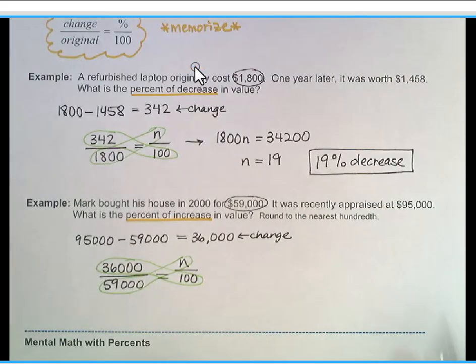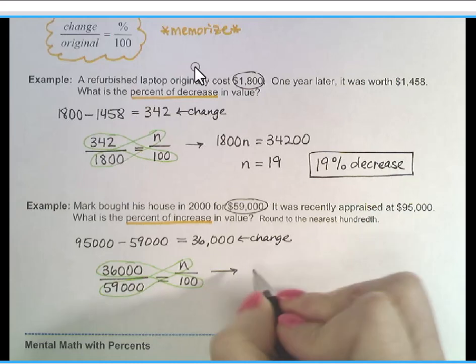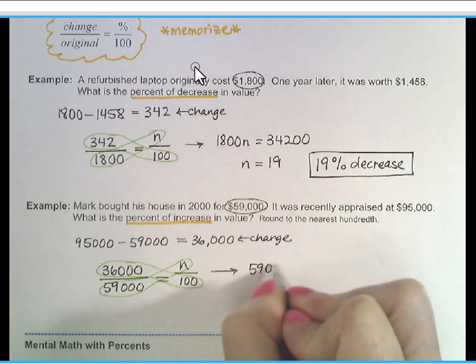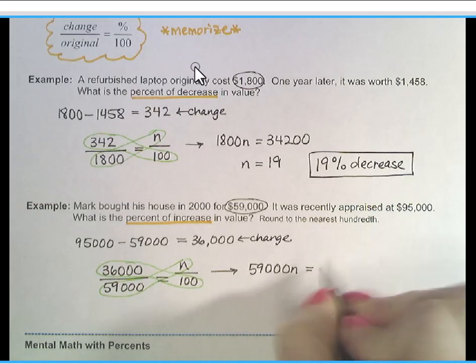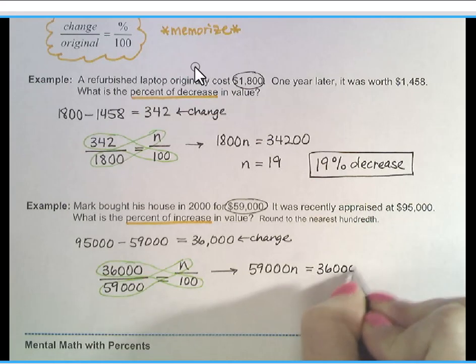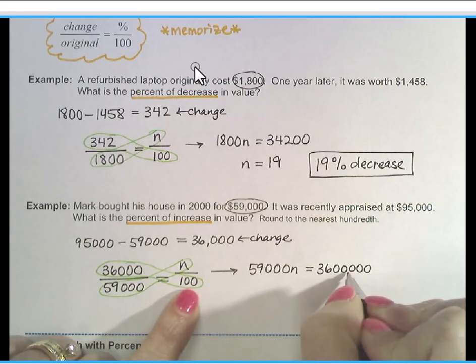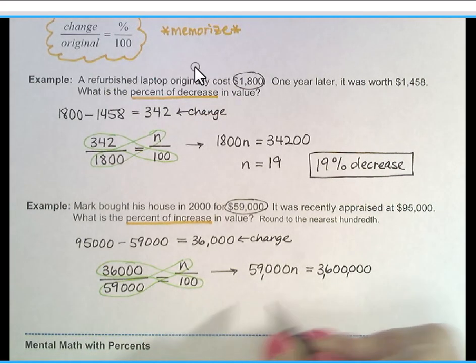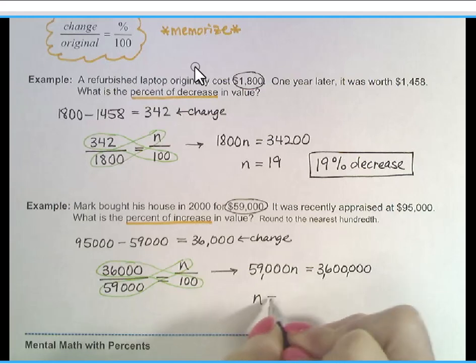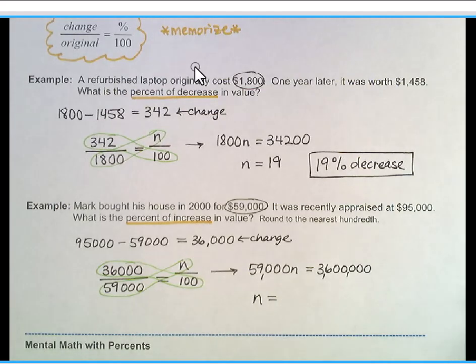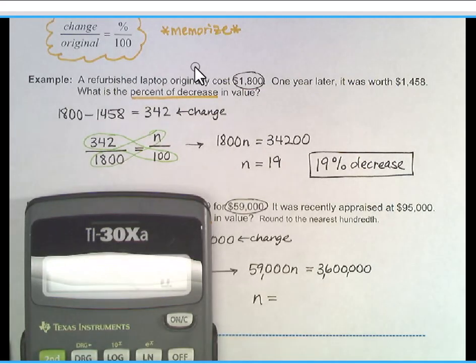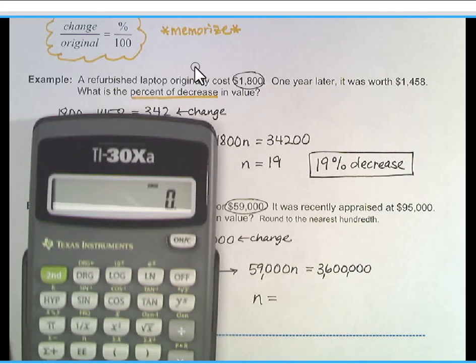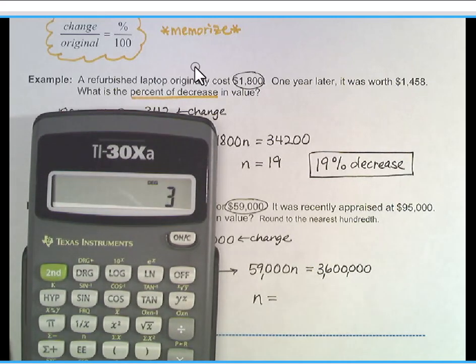That's going to be 59,000n equals 36,000 and then 2 more zeros when I multiply by 100. And then I divide both sides. Let's put this where y'all can see it. 3, 6, and then there's 5 zeros, divided by 59,000.